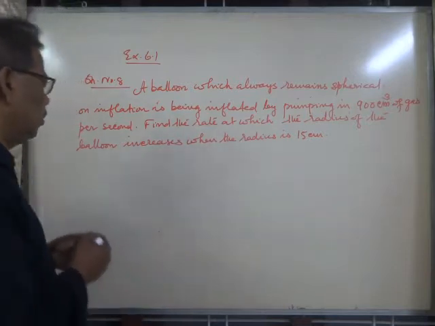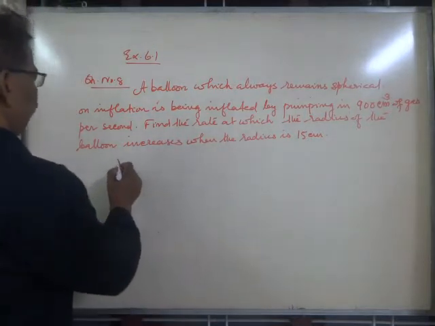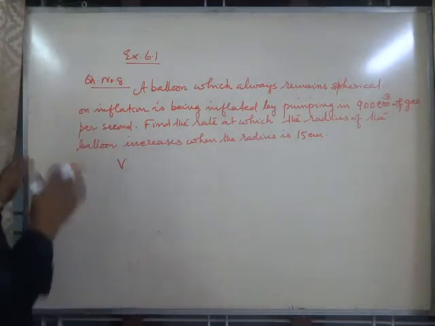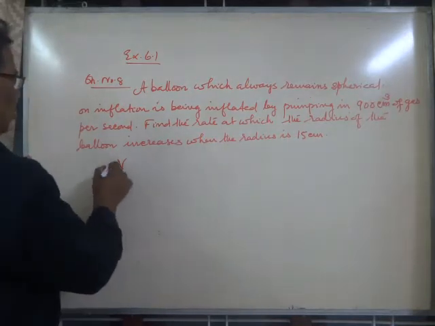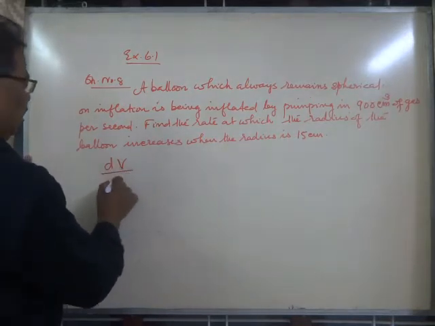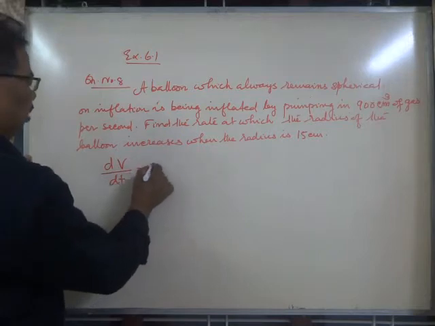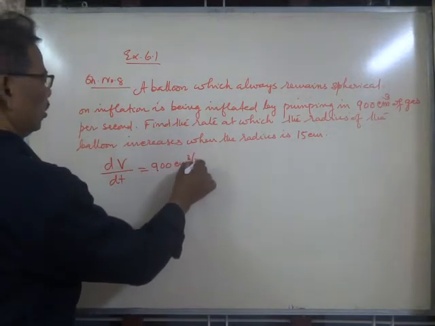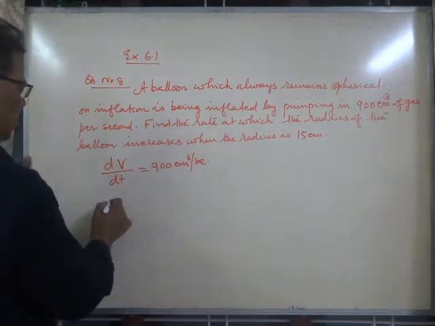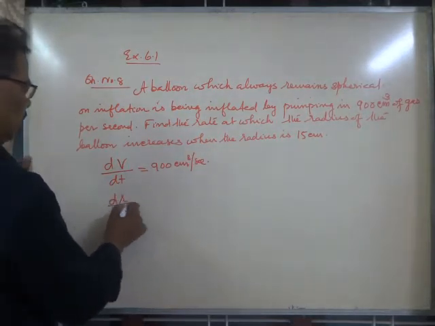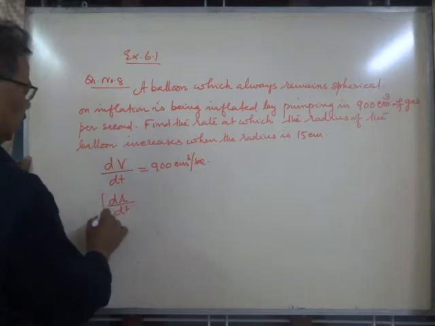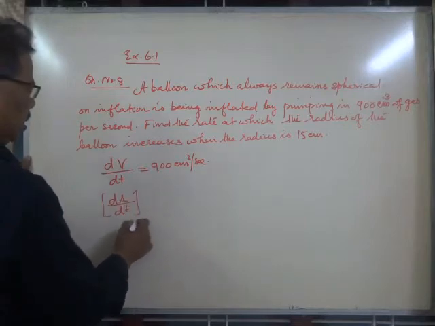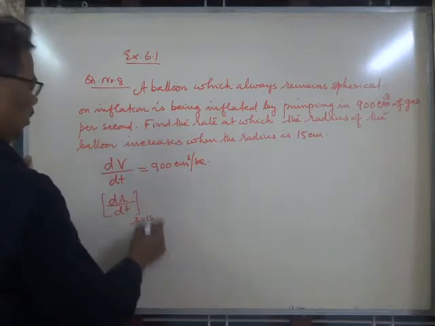That is, if V is the volume of the balloon, we are given dV by dt to be 900 centimeter cube per second, and you are asked to find out dr by dt at r equals 15.